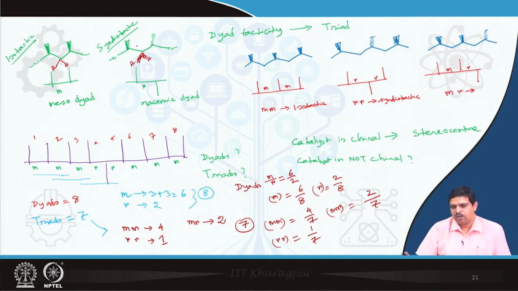As I told, obviously, you have to use a 400, 500 or 600 megahertz high resolution NMR to get the information about the tacticity. Okay.